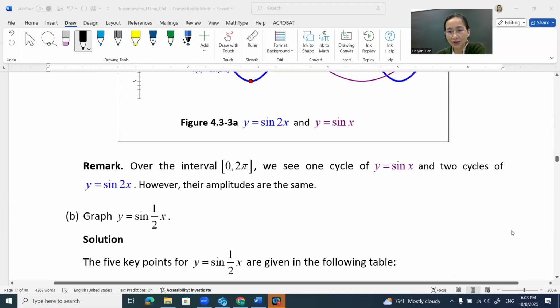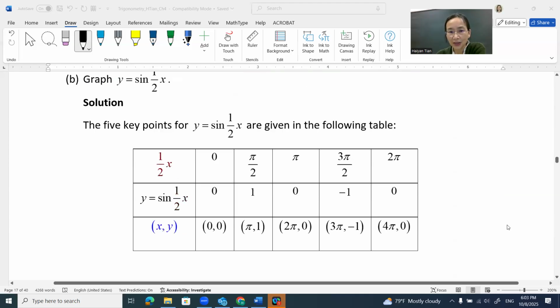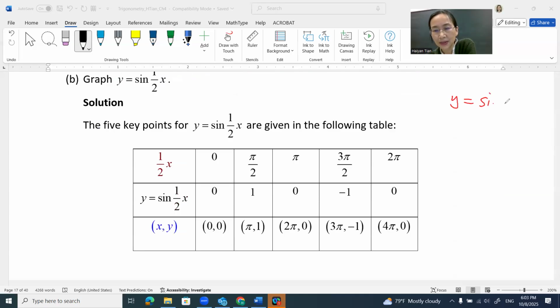Okay, so you can change numbers. We're now looking at functions of this form, sine bx. What if b is half? So yes, we can try that. We still treat this whole thing as the input variable for sine.